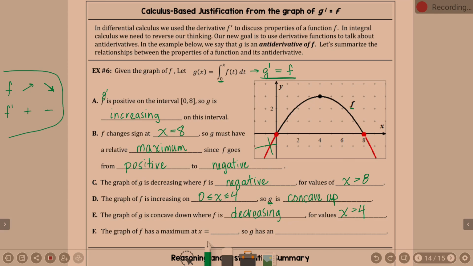The graph of F has a maximum at X equals 4. So G has an inflection point.